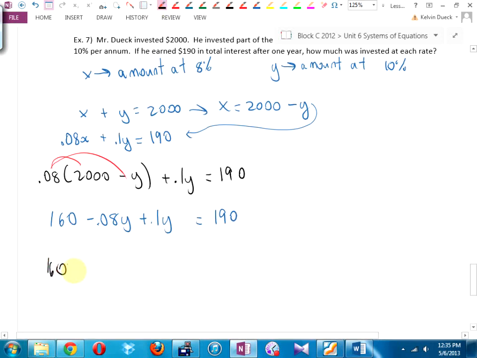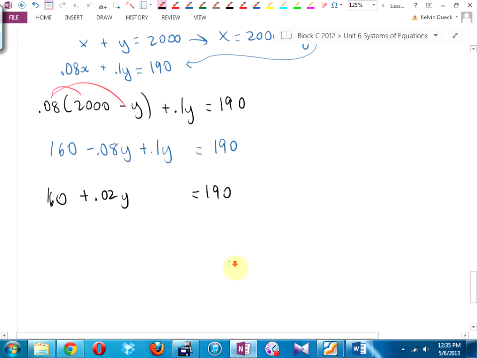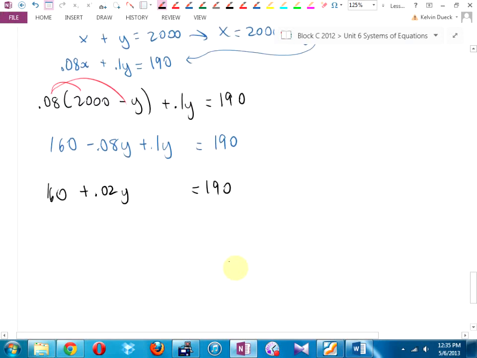160, what's minus 0.08y plus 0.1y? 0.02y. Plus 0.02y equals 190. Now what? Minus 160 from both sides. So you're going to get 0.02y equals 30.